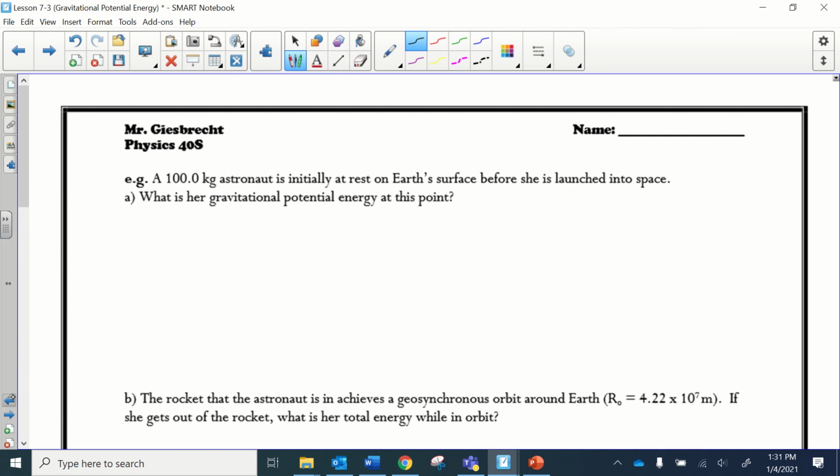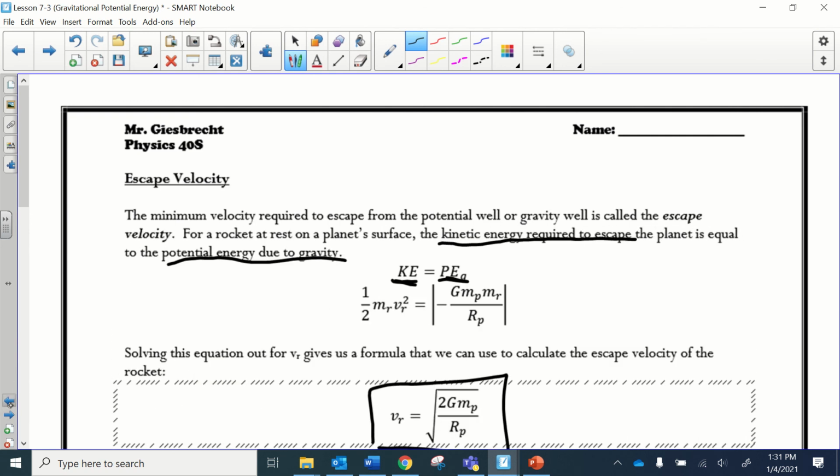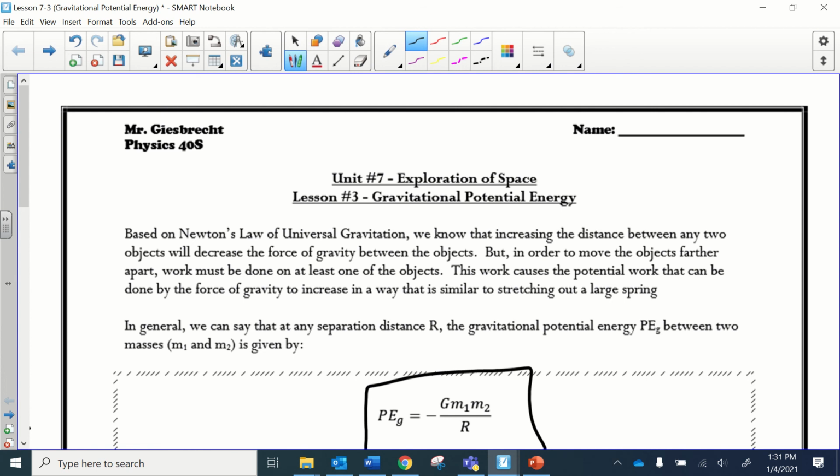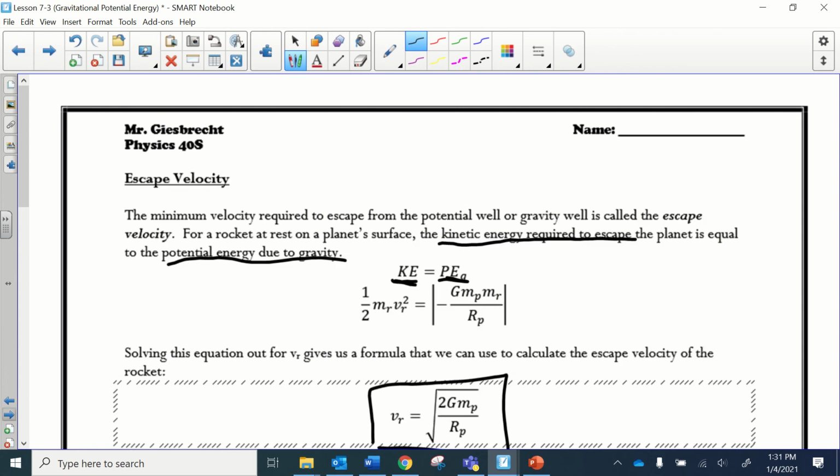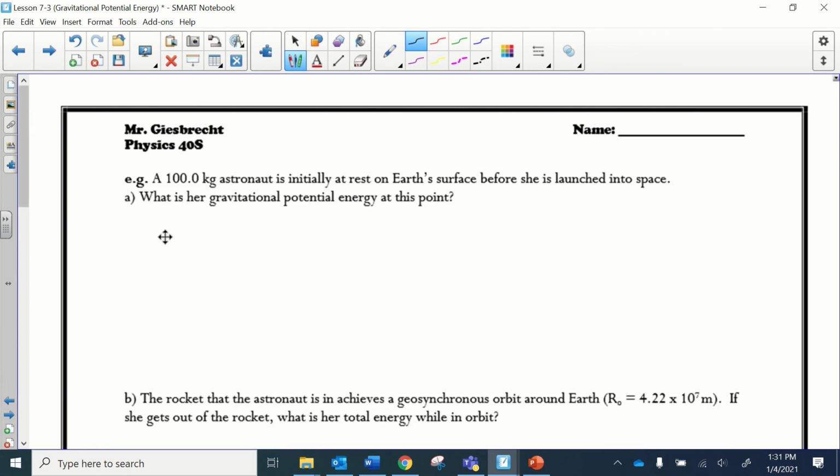Well, we know the formula is negative G M1 M2 over R. It is a 100-kilogram astronaut, which is a little bit lighter than Mr. Kegler.